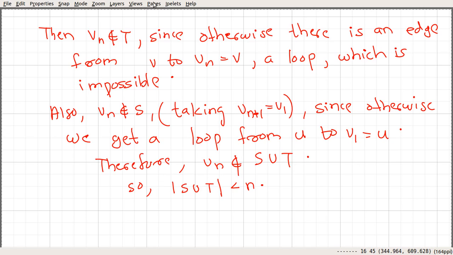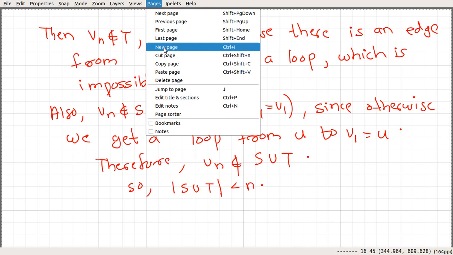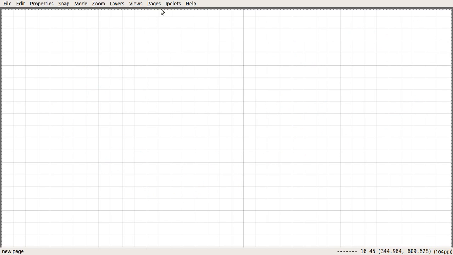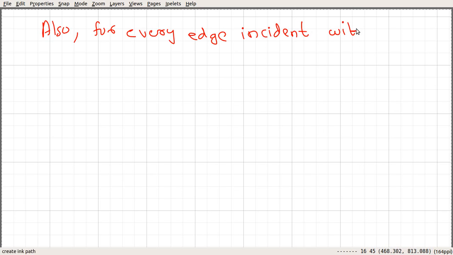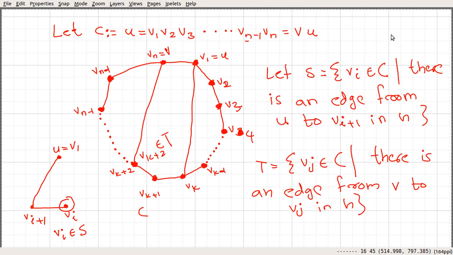And again, we can also see one important thing. Also we can see that for every edge incident with U, so it is something like this. Anyway, we can see that if we consider this cycle, that is a Hamiltonian cycle, and all the vertices appear in this one, right.